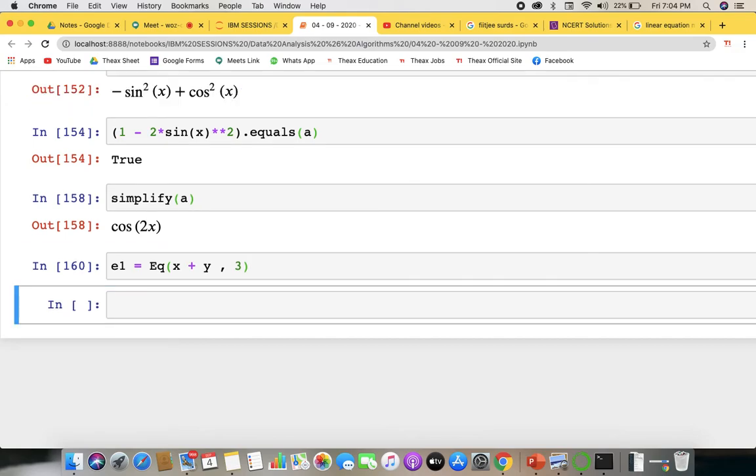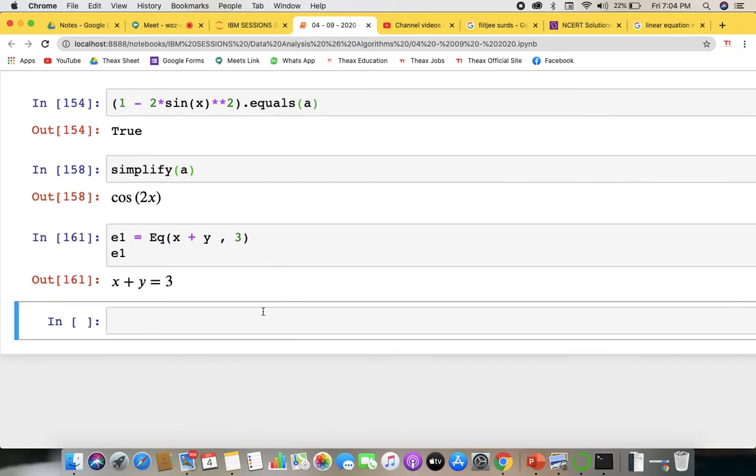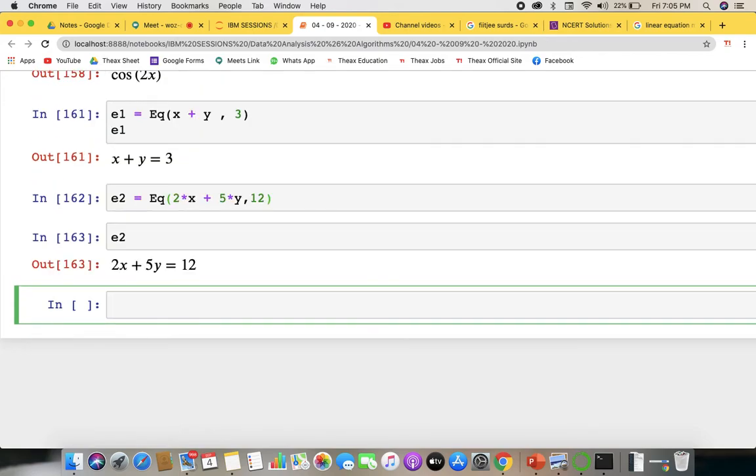Similarly, we have E2, which says 2x plus 5y equals 12. These are the two equations you have got: x plus y equals 3, 2x plus 5y equals 12.